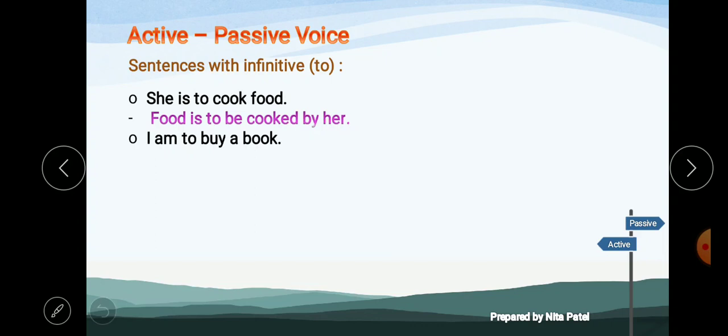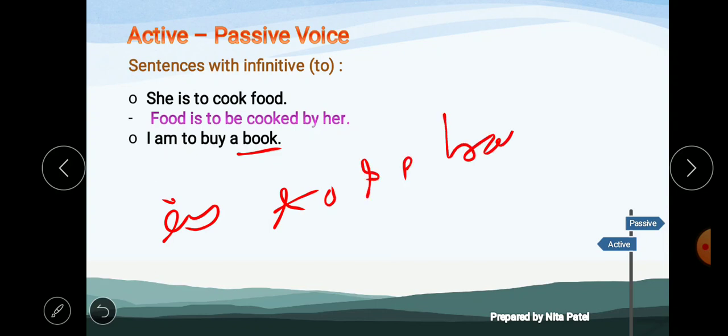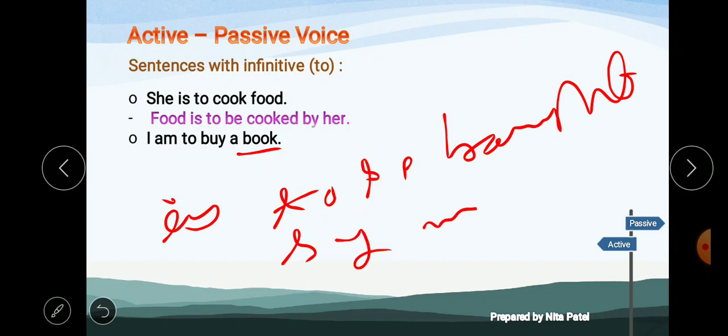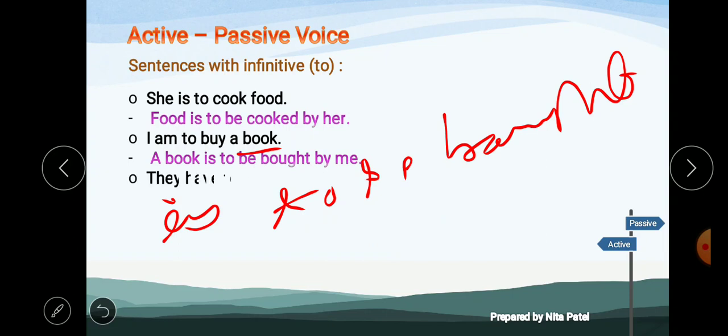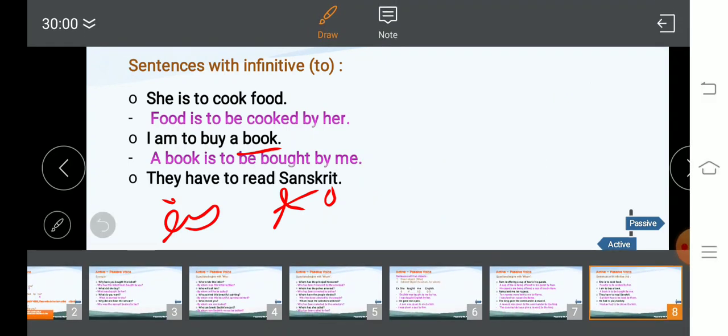I am to buy a book. A book, what goes with it is, a book is to be bought by me. A book is to be bought by me. They have to read Sanskrit.